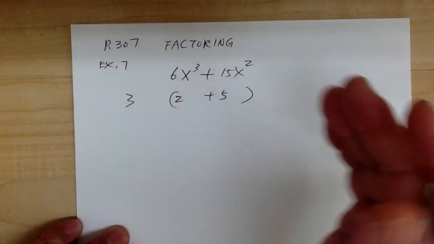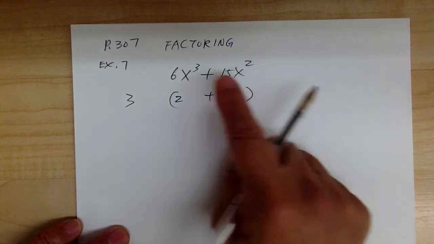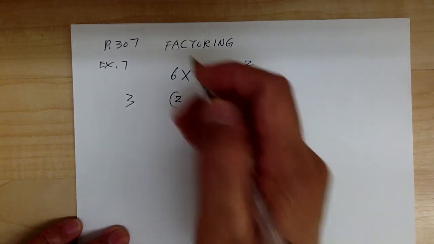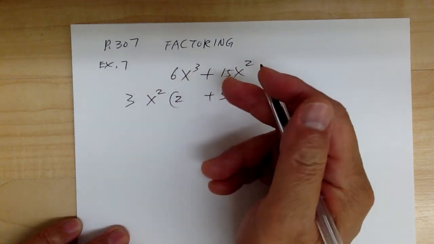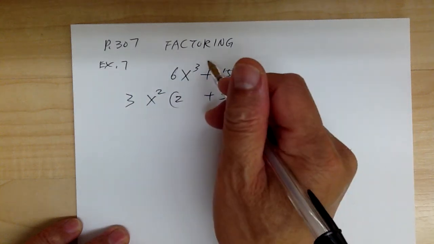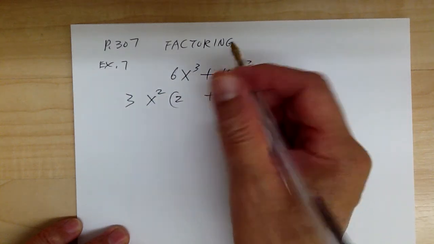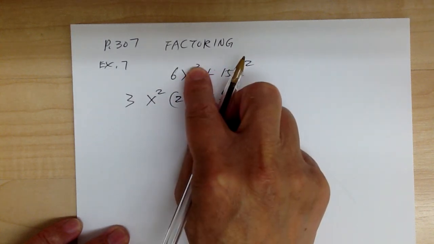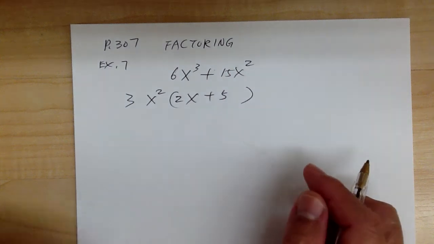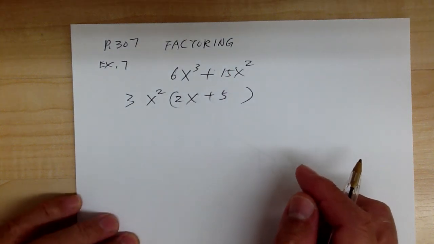So take care of the number, then you do the alphabet. You've got x to the 3, x to the 2, so you can factor out the x squared. Again, when you factor, it means you divide. But an easy way to do it is to check what you need to multiply. X squared times x will give you x cubed. Try to line things up, it helps you do this a little easier.